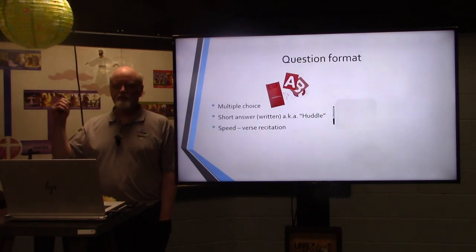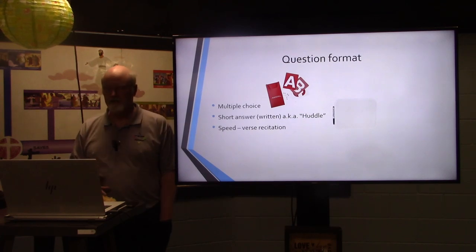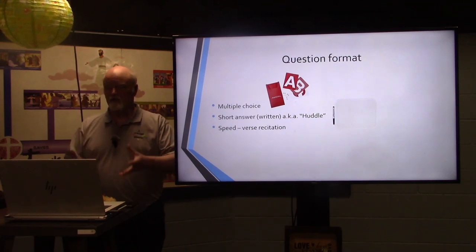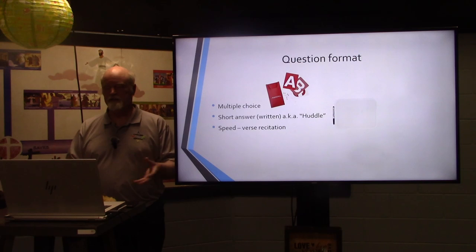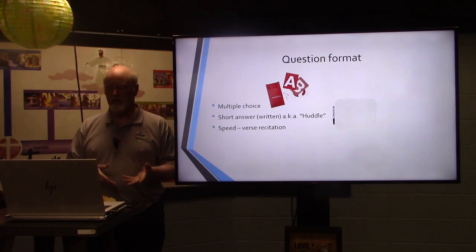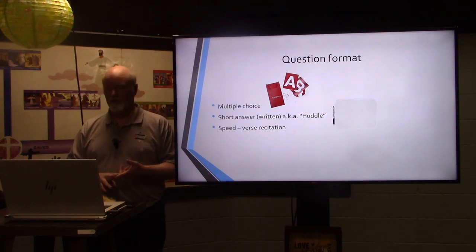All right. Question format. For TNT, there are three formats. There's multiple choice, which is the traditional Awana paddles. They will be given a question, for example, according to Genesis 1:1, what did God create? A, the heavens and the earth. B, everything.